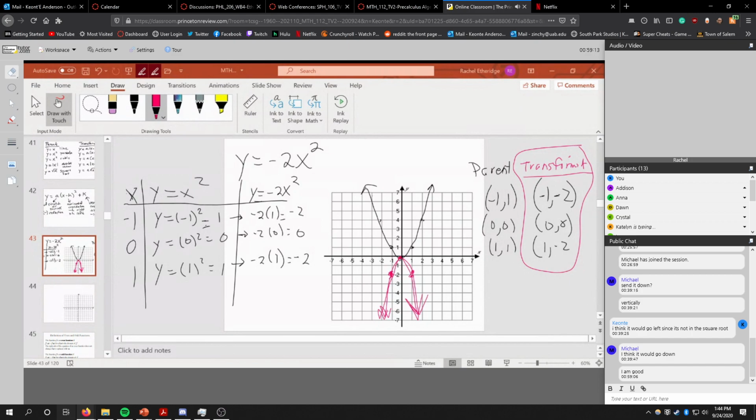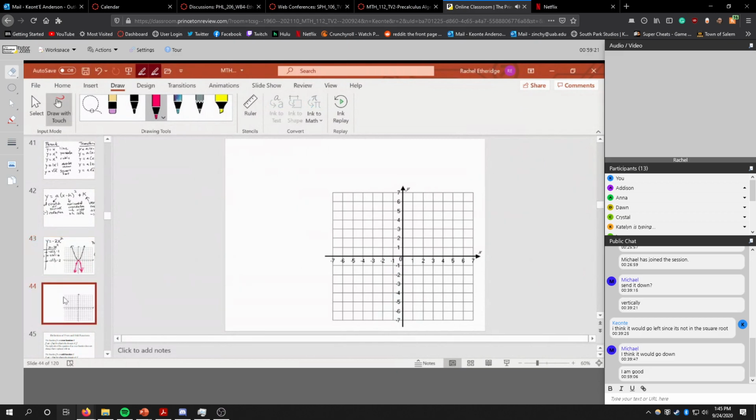All right. I'm going to give you a problem, and I want any of you to tell me what you think. I want you to tell me what you think the translation of this is. We'll talk about the parent graph and all that, but I want you to see if you can tell me what the translations are.